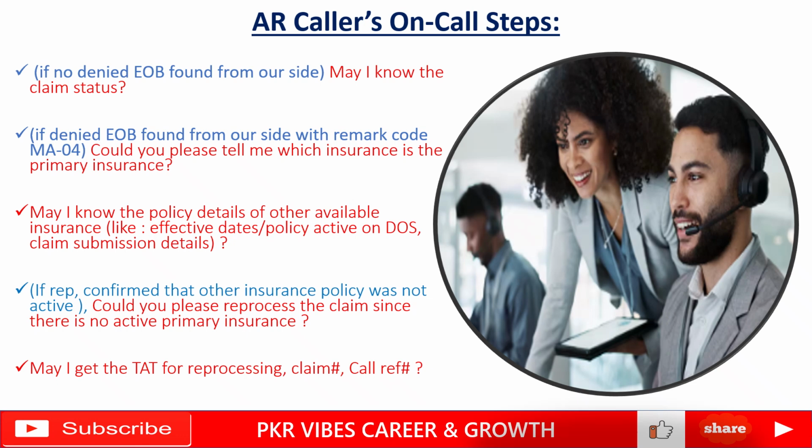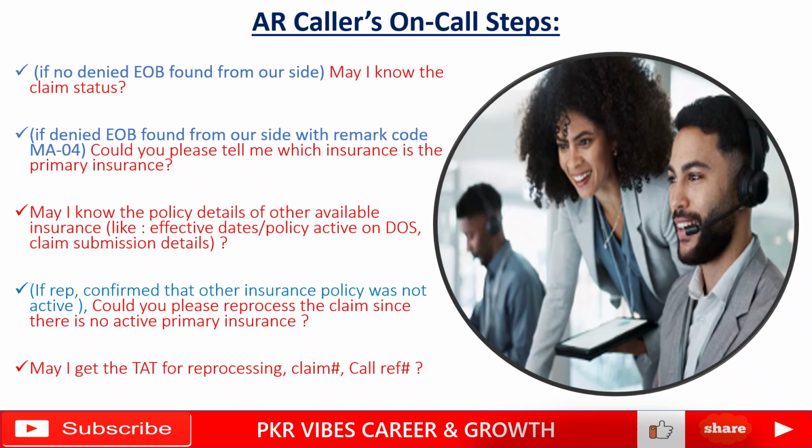They are telling that other insurance is available but it was inactive, which means the denied insurance will act as the primary insurance only. So if you ask, could you please reprocess the claim, then they will reprocess the claim sometimes. And sometimes the insurance representative will refuse to reprocess the claim.